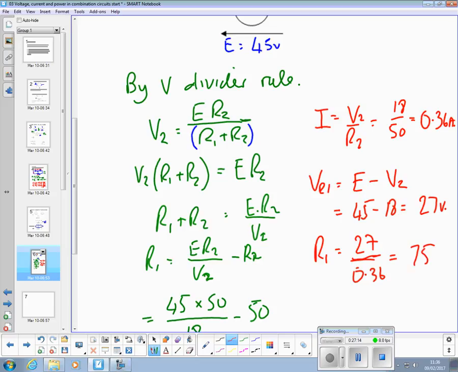So it's not 75 point some odd. No, that was an exact current. No, that's not rounded at all.